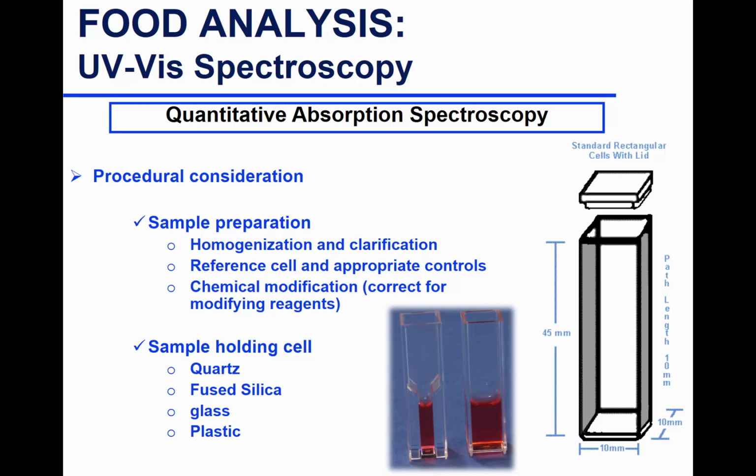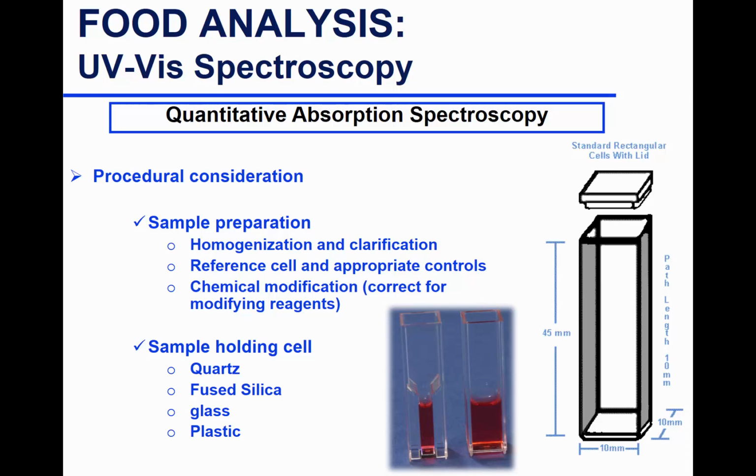Procedural considerations, so sample preparation. Always when you prepare a sample for measuring absorption, you want to make sure that the sample is homogeneous, so your solution is not separated into two phases. It's completely homogeneous and it's not cloudy. If it's cloudy, your absorption measurements are going to be really high. Why?